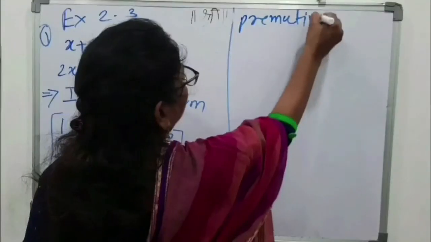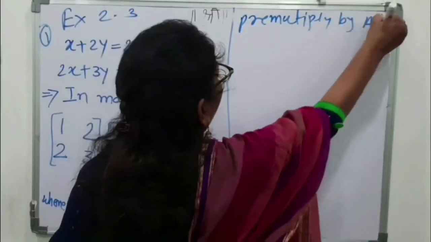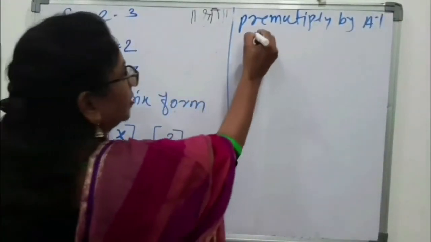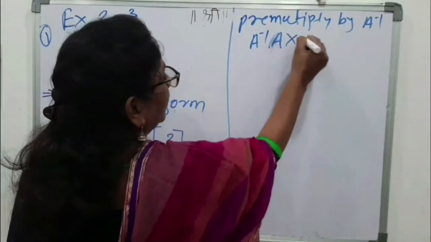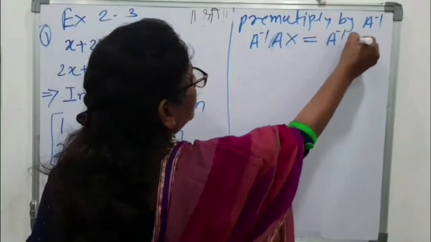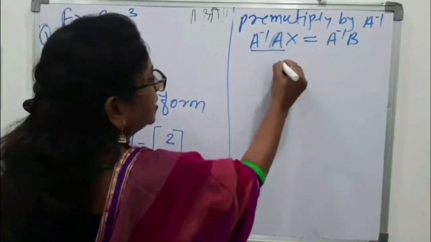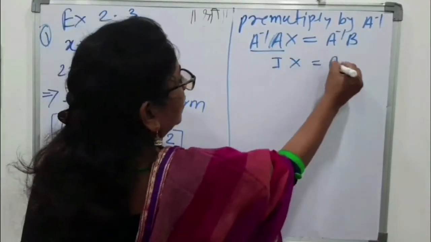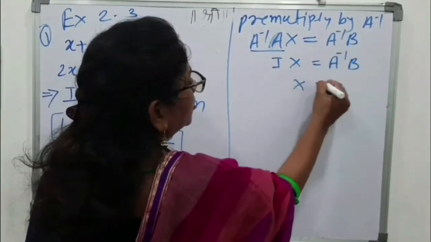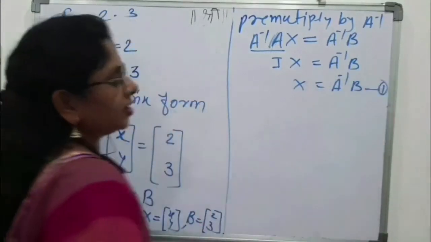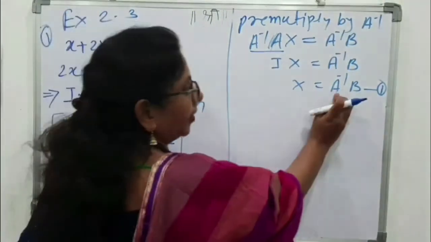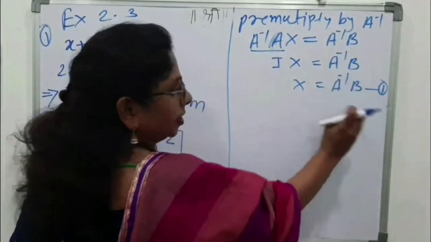Pre-multiply by A inverse. What happens here? A inverse A X equals A inverse B. Here again this is I X, so X equals A inverse B. This is your equation number 1. Now one by one we will find A inverse and then the multiplication.